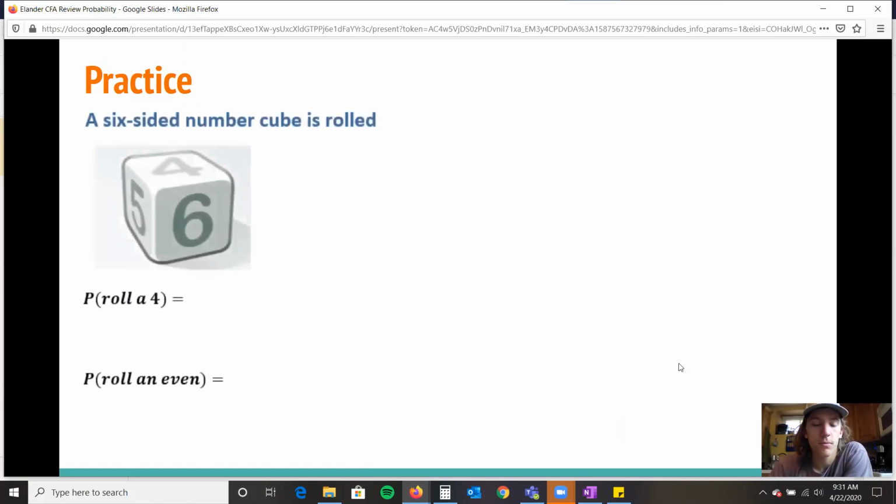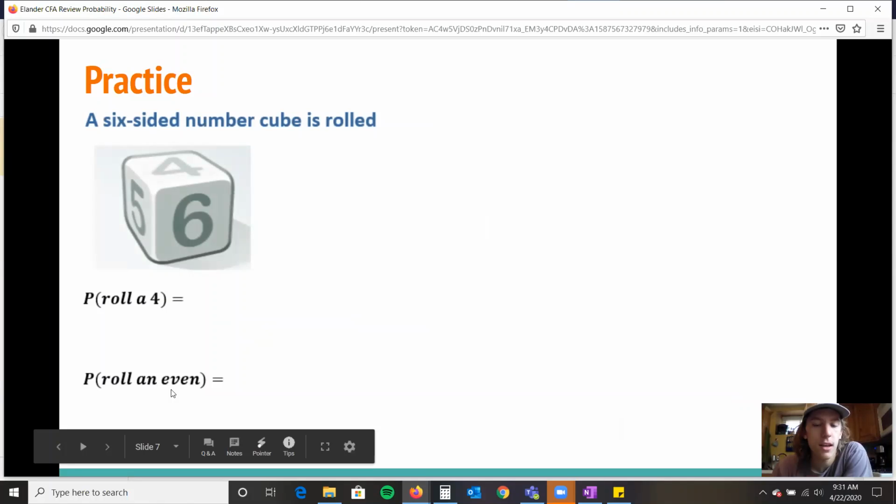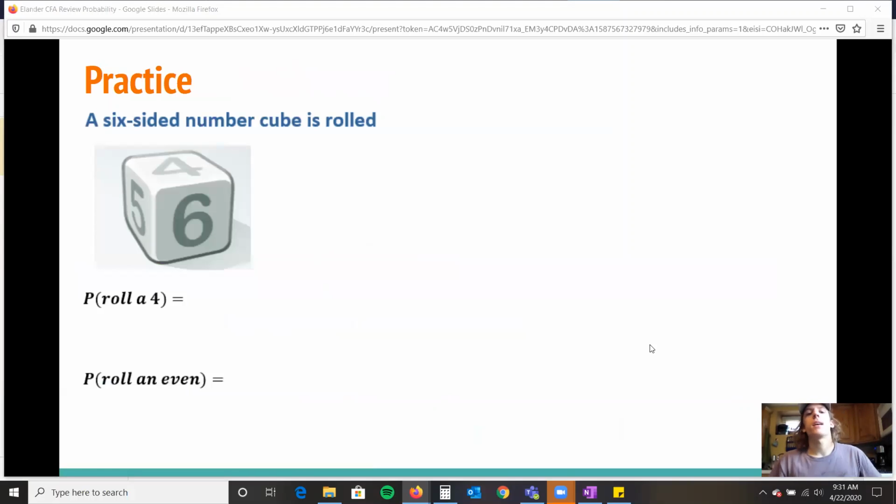All right, so once again, I'm going to have you guys interact here, that way I'm doing less talking. A 6-sided number cube, which we usually call a die, is rolled. What is the probability of rolling a 4?